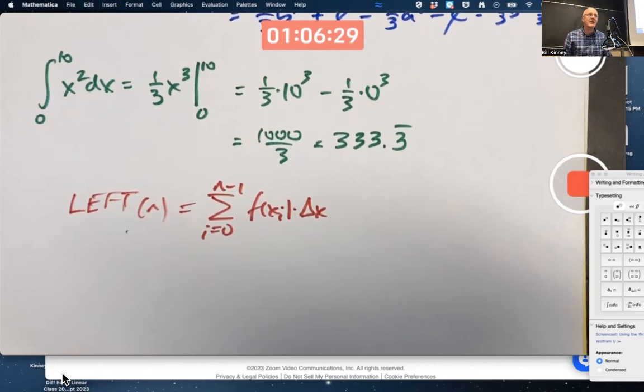For any fixed value of n, this does give a different answer for the approximation to the area. However, in the limit as n goes to infinity, you get the same final answer for the exact area.